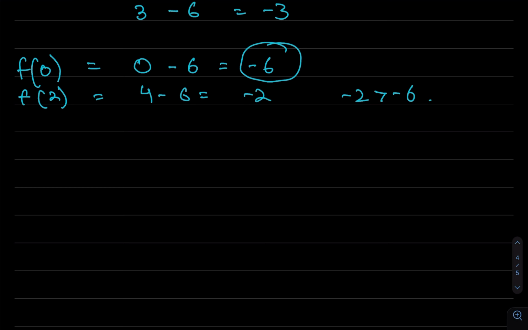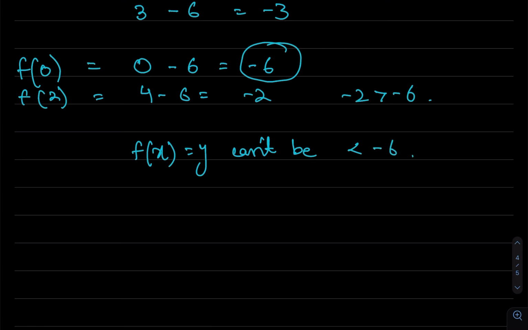Well, if we say that the range is, y cannot be less than negative 6. If I say that the range is basically f of x, which is y, can't be less than negative 6.